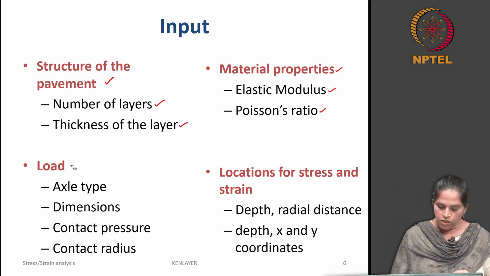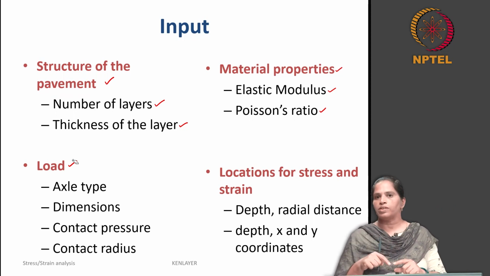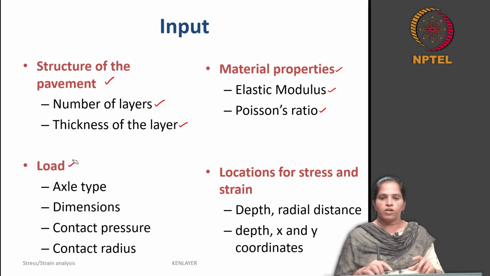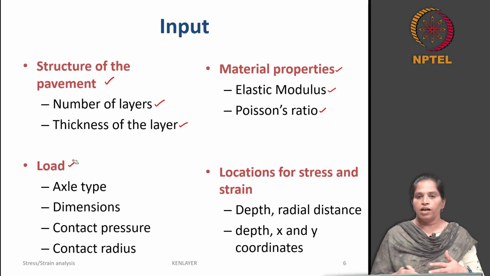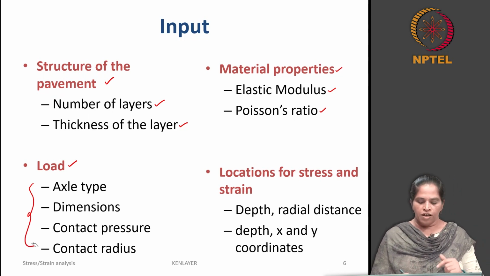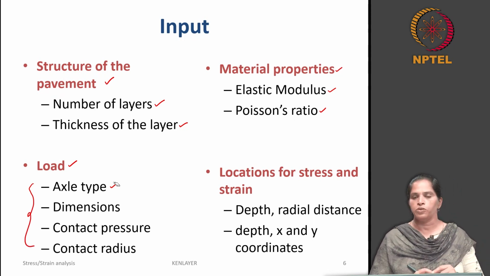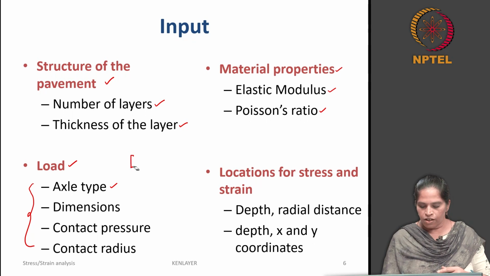Further, to tell what exactly the load acting on the structure is, you know it is going to be a wheel load. To define the exact wheel load acting on the structure, this is the data you need. First we will see the axial type. You know there are 4 types of axial configuration. Single axial, single wheel, which looks something like this: only one wheel on one side, and only one axial.